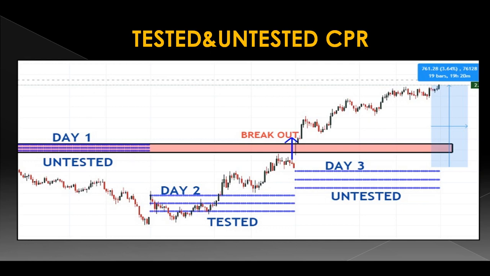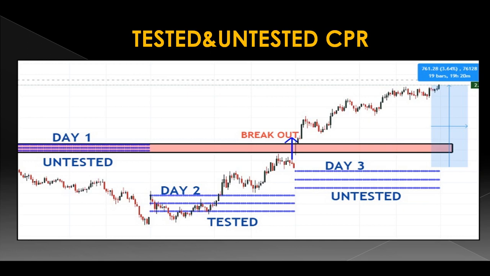Once the breakout happened, see how the market behaved. You got a huge bullish rally, around 761 points. So this is the strength of untested CPR.